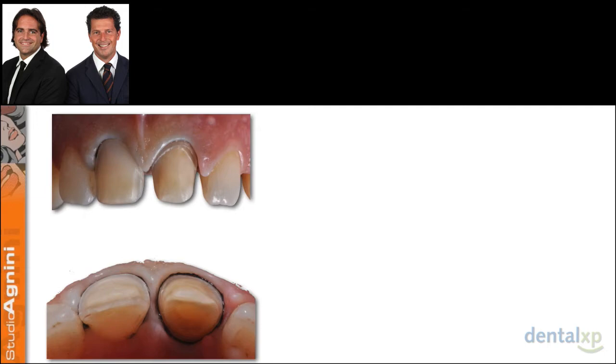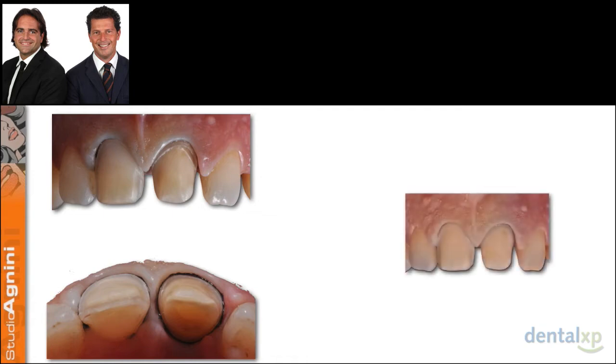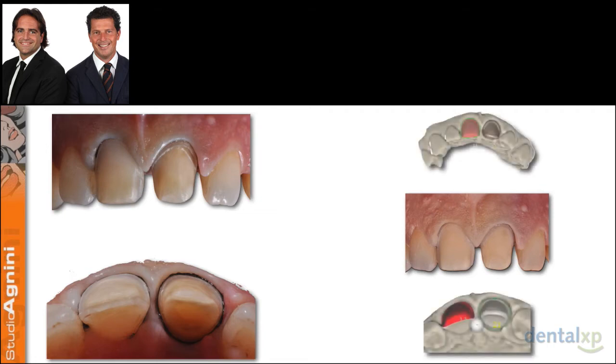And as you can see here again, the preparation has to be really smooth and rounded, with no sharp edges. When we were ready to take the final impression, we just sprayed a very little powder, and here you can already see some of the advantages I mentioned before, for example, the possibility of checking and doing our own ditching.